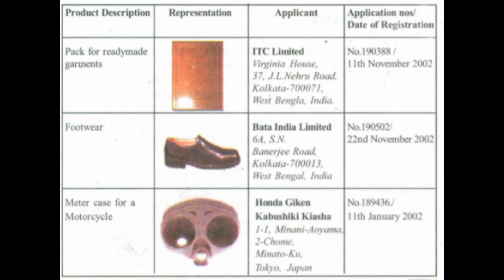An industrial design must be capable of being reproduced by industrial means, industrial application. Also, it must be possible to apply an industrial design to an article which may be either two-dimensional or three-dimensional. Novelty. Originality. Industrial application.